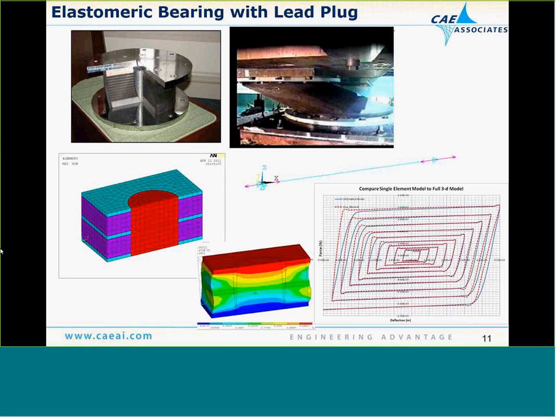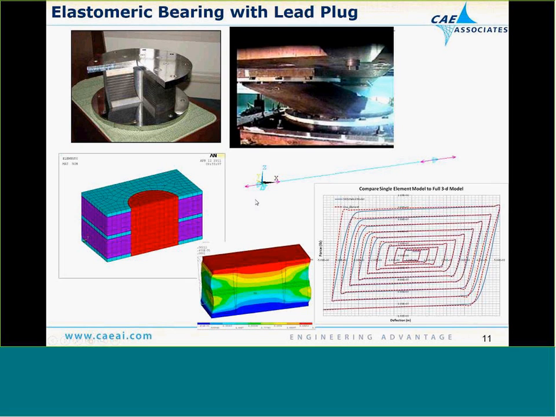Another application would be an elastomeric bearing. This is an elastomeric bearing with a lead plug. This particular example is used in a bridge support to be able to withstand or absorb energy during an earthquake event. Analytically, you can model the plug and layered composite material explicitly, but you can also often create simplified models.